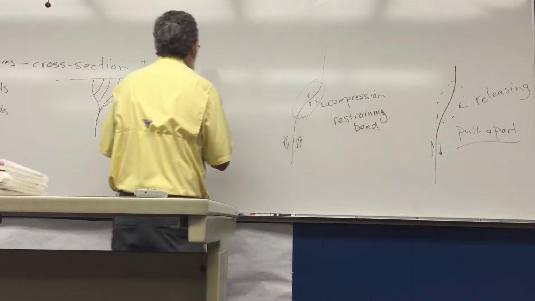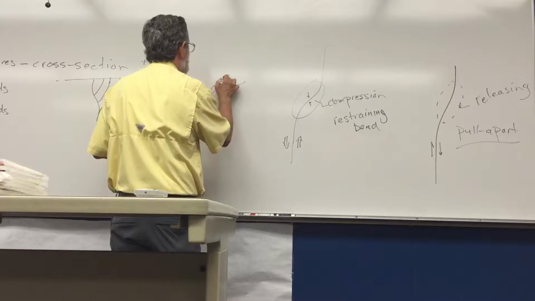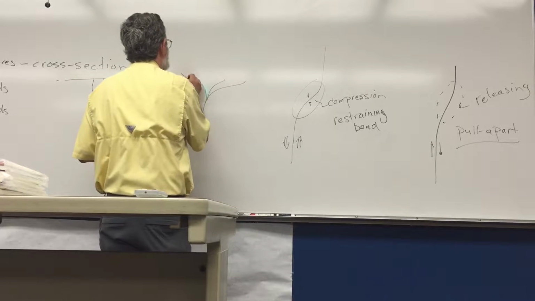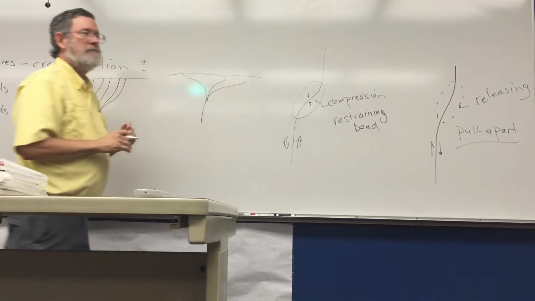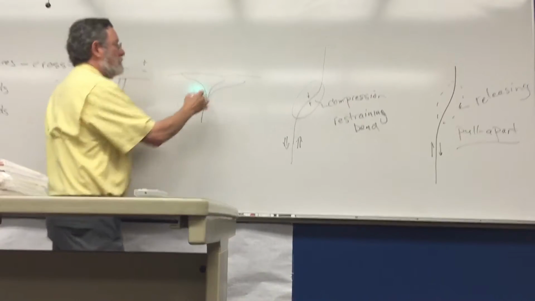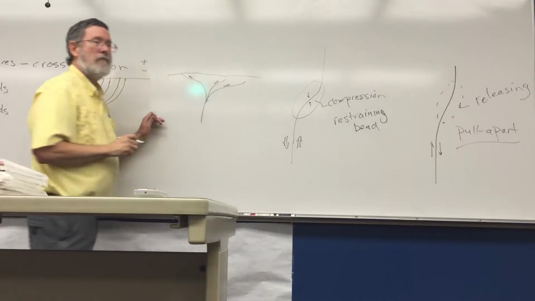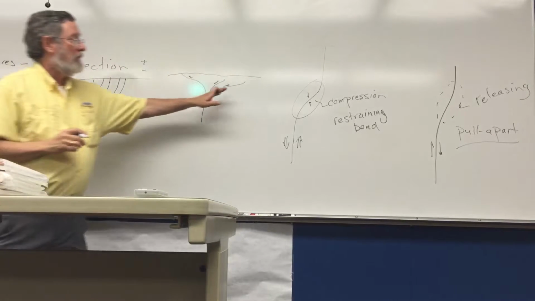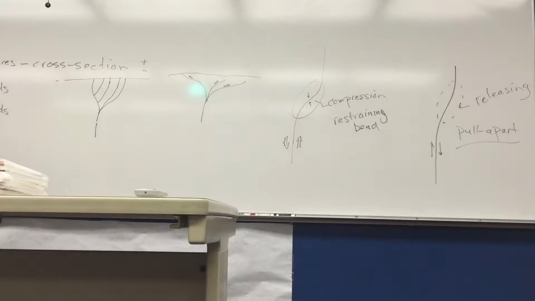If we looked at a cross section, what we would see are thrust faults coming out of this, some of which cut to surface, some of which do not. So this would be a strike-slip system with thrust faults. The blind thrusts may not make it all the way to the surface.